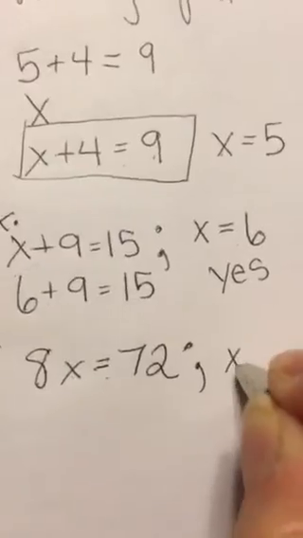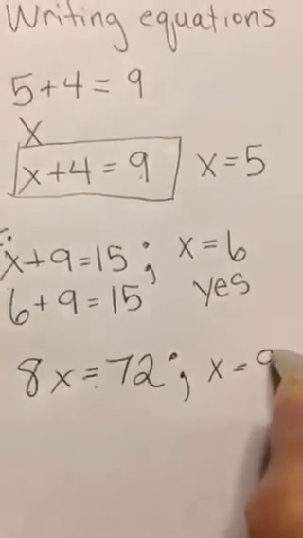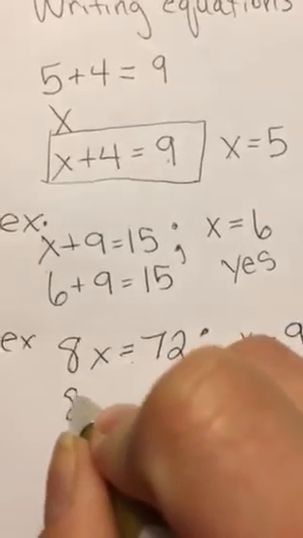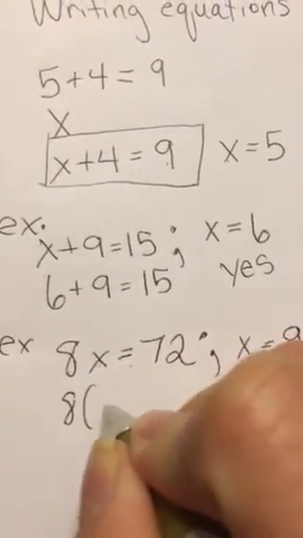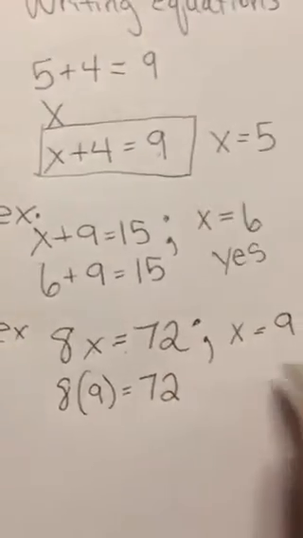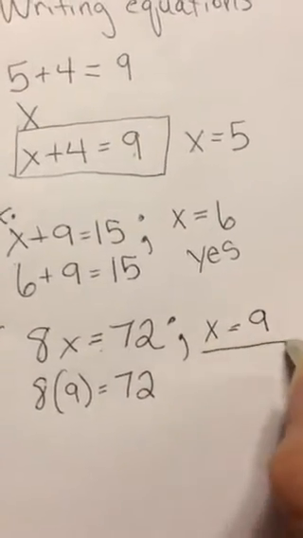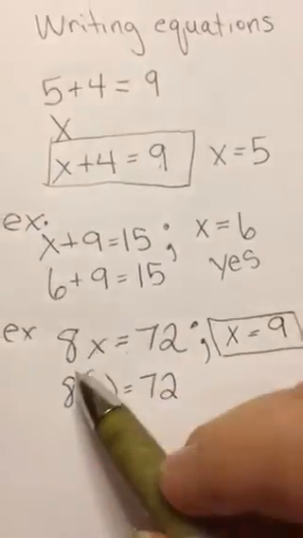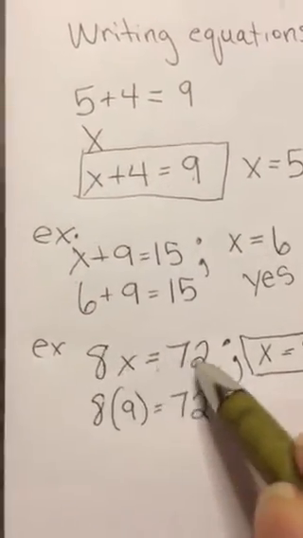Let's say x equals 9. Let's plug in 9 for x. 8 times 9, does that equal 72? Yes. So x equals 9 is the solution for this equation, 8x equals 72.